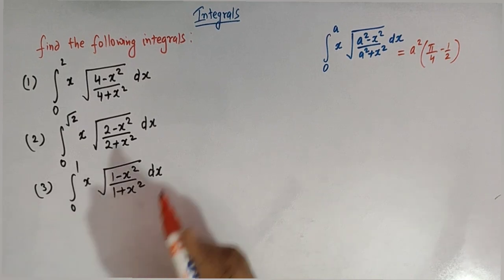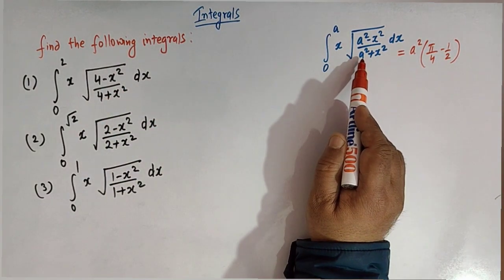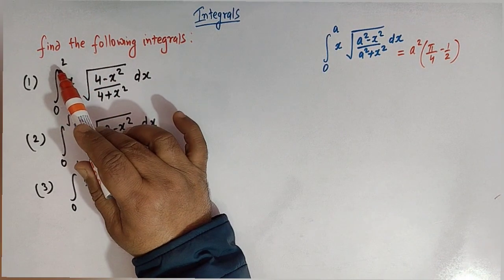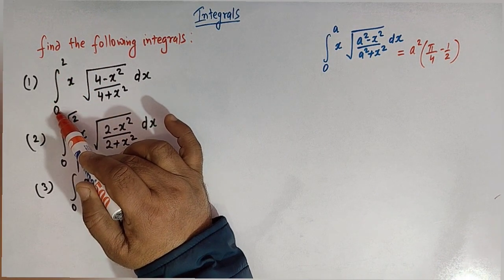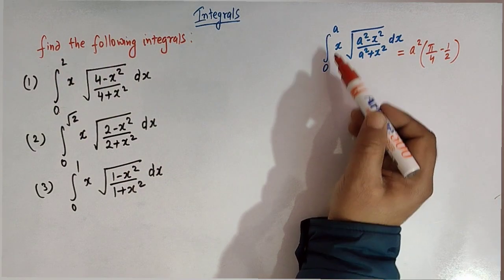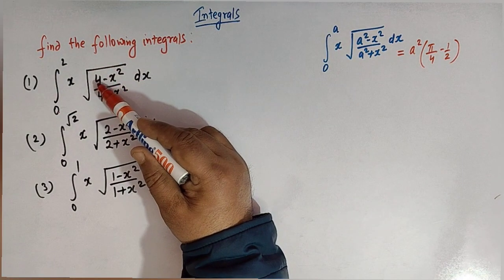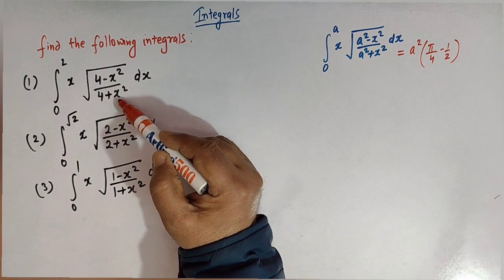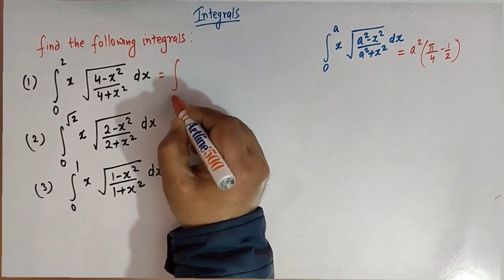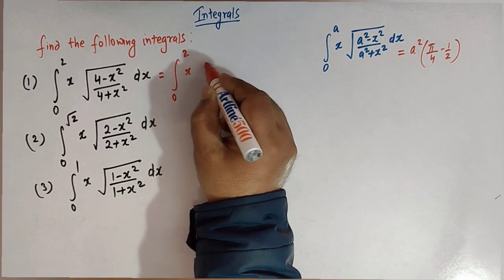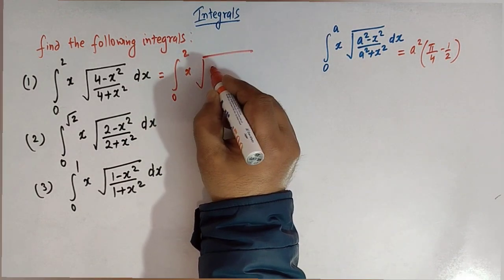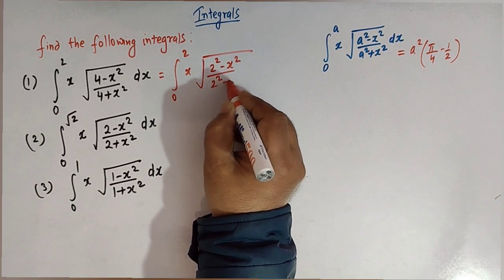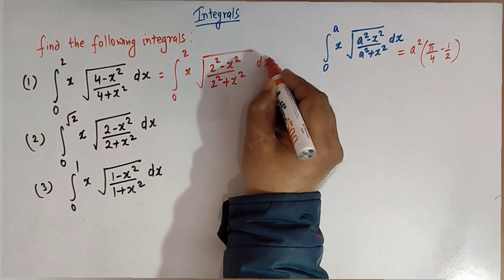Let us compare this integral with this one, right? When we compare, we see that here the limits are from 0 to 2, and there we have 0 to a, right? And here we have x and the square root of (4 minus x square) divided by (4 plus x square). So we can write this integral as 0 to 2 of x times the square root of (2 square minus x square) over (2 square plus x square) dx, right?